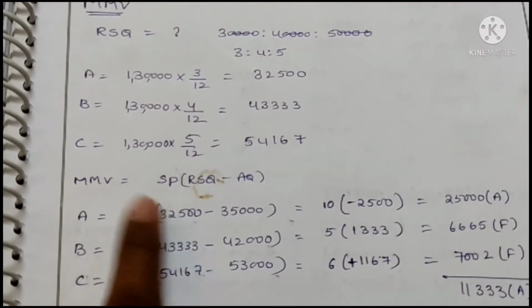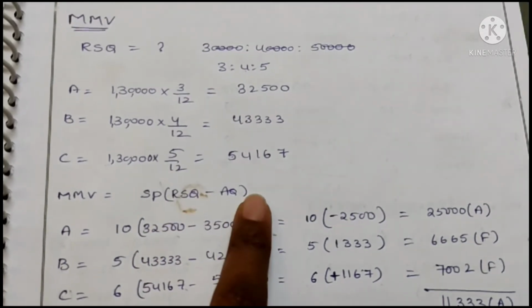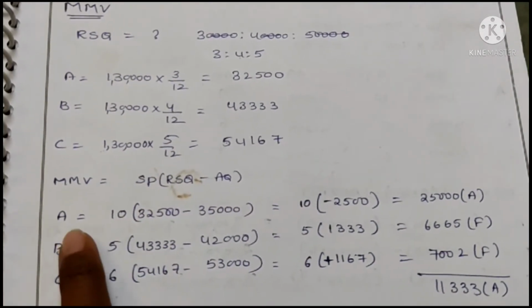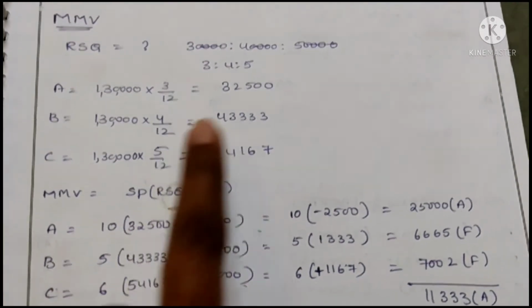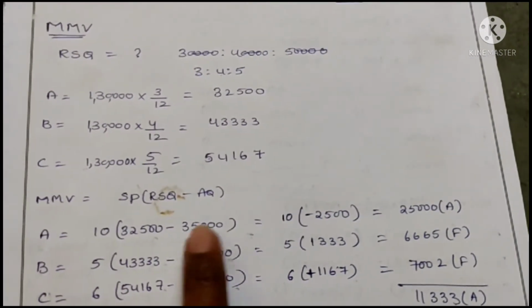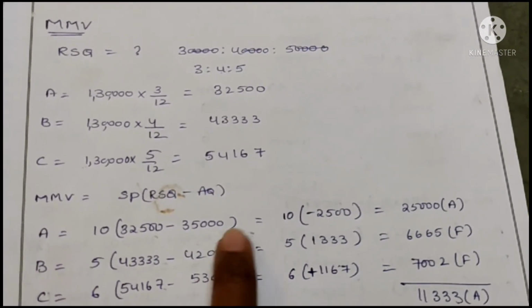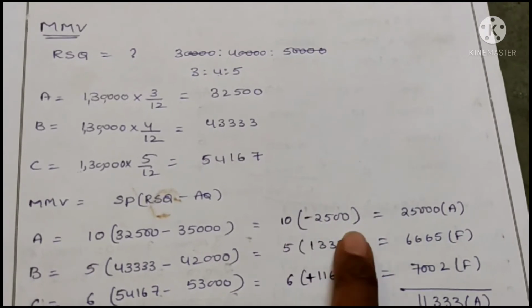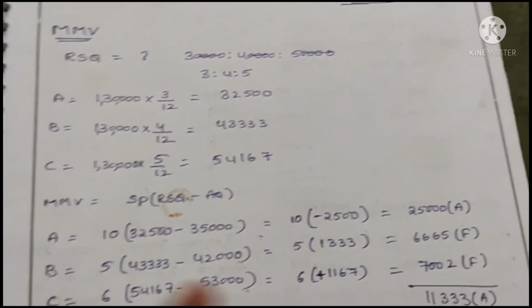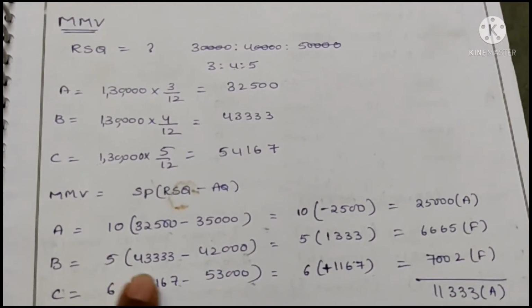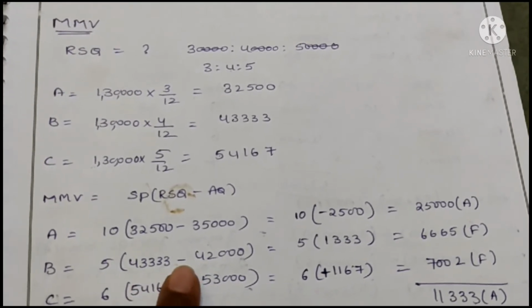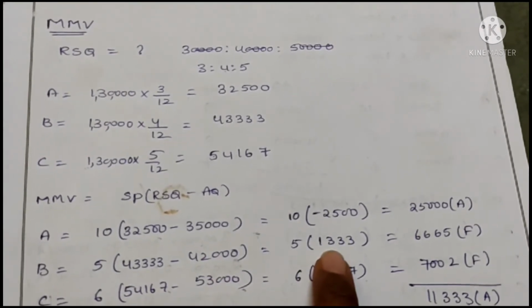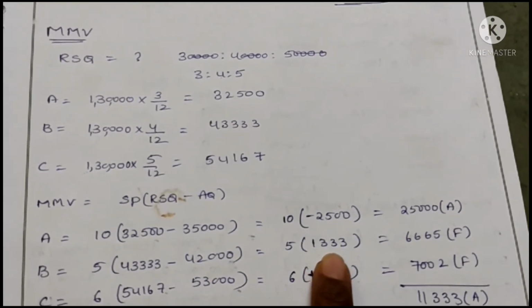Now substitute in the formula. MMB is equal to SP into RSQ minus AQ. So SP is 10. RSQ how much we got here? 32,500 minus AQ, which is 35,000, is equal to 10 into minus 2,500. So 25,000 adverse. B is equal to 5 into 43,333 minus 42,000, which is 5 into 1,333.